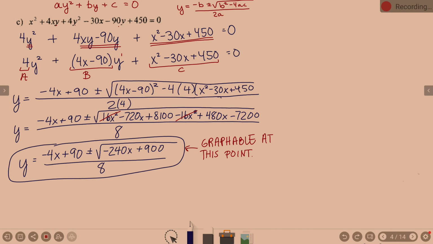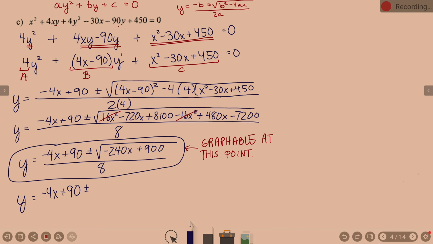Under the radical, 240 and 900 have a perfect square of 4. Is there something bigger? No, I think it's just 4. If I factor out that 4 and then take the square root, we can do a little bit more simplifying here. So let me show you. It's negative 4x plus 90 plus or minus.